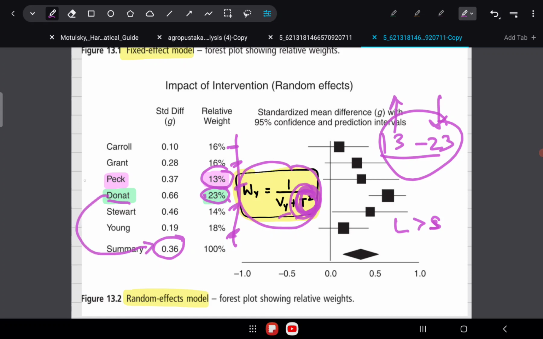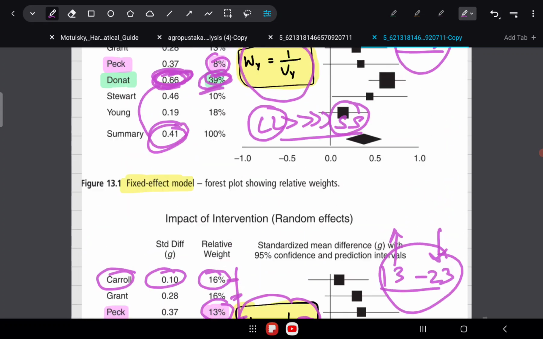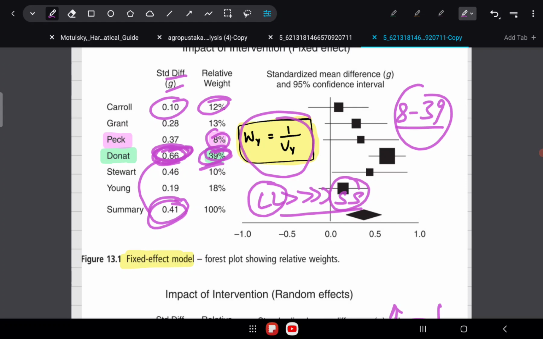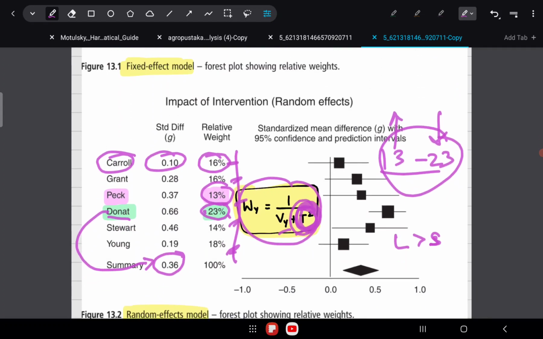Whereas Carroll is the study which has the least standardized difference. So the importance of the Carroll study has increased. You'll see from 12% it has increased to 16%. Because the relative importance of the Carroll study has increased, the weight is now moving towards the Carroll study. So I hope this makes sense.